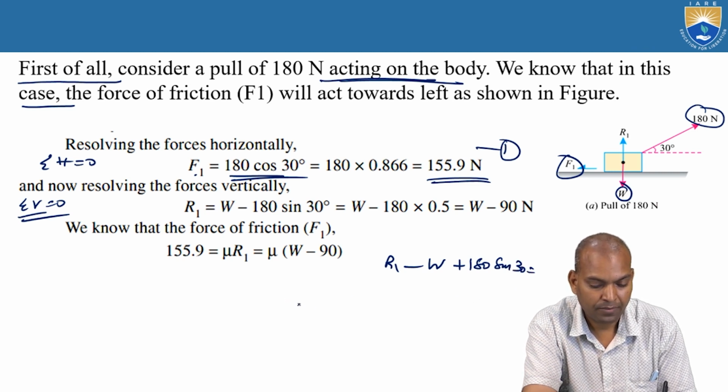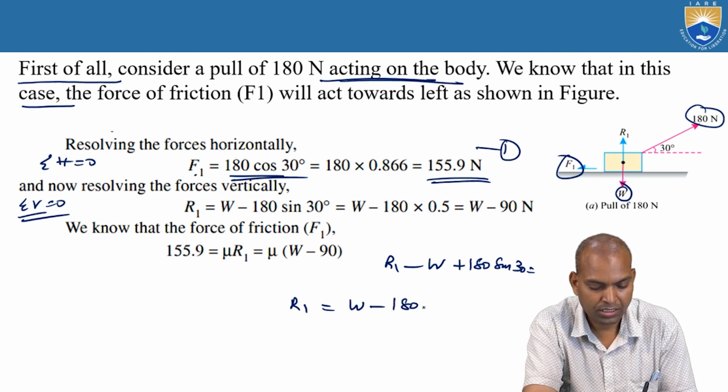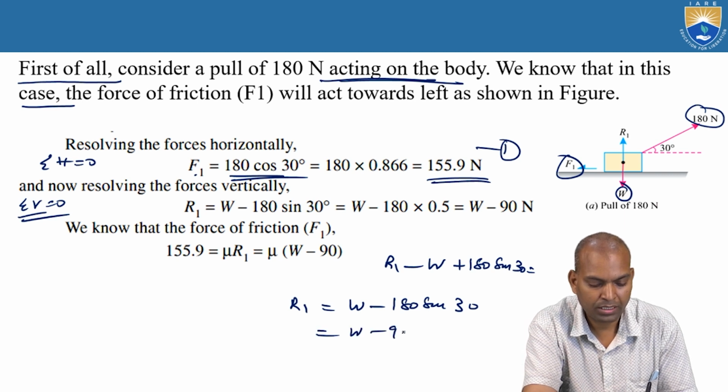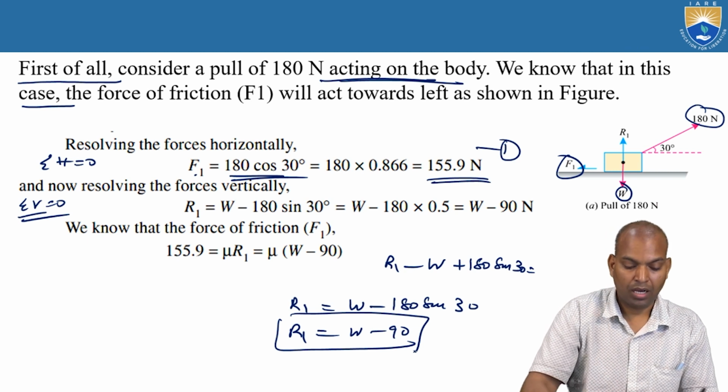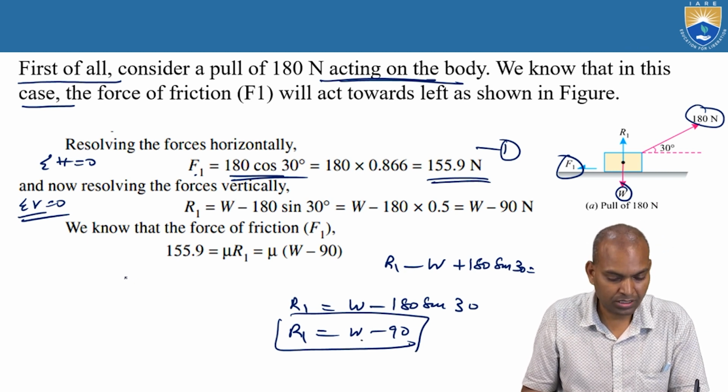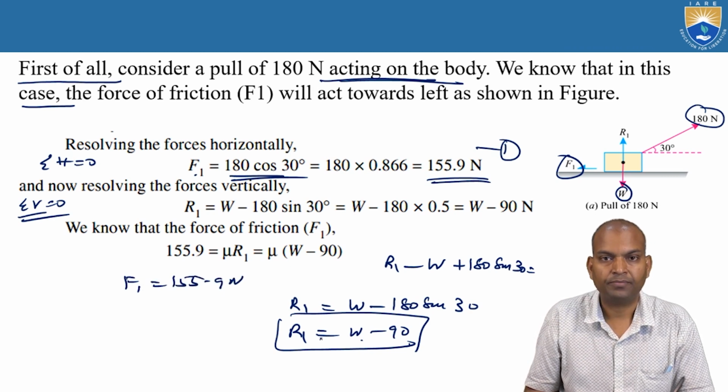Then R1 equals W minus 180 sin 30. Sin 30 equals 1 by 2, so R1 equals W minus 90. Another equation is F1 equals 155.9 newtons.